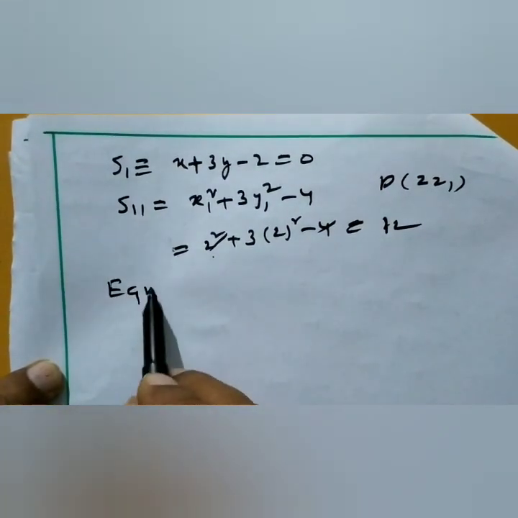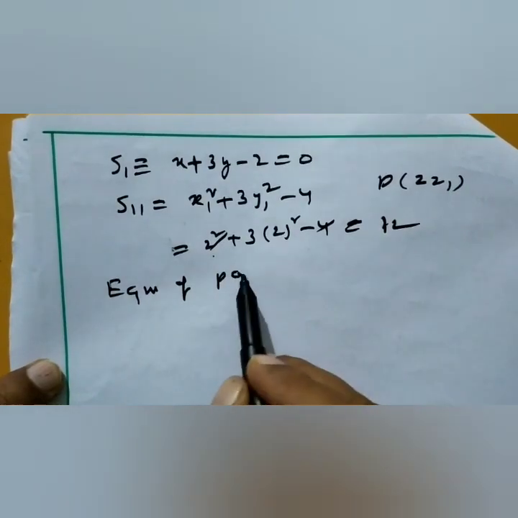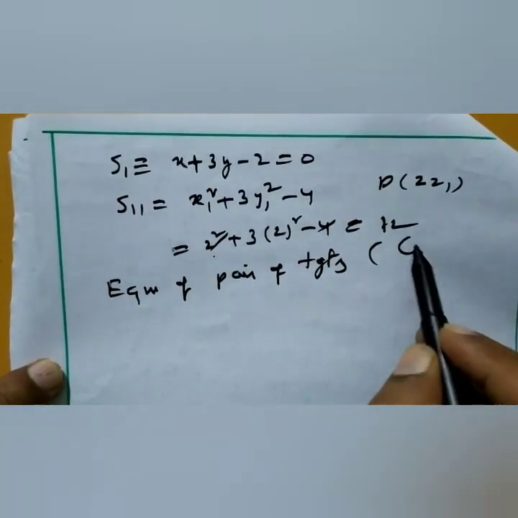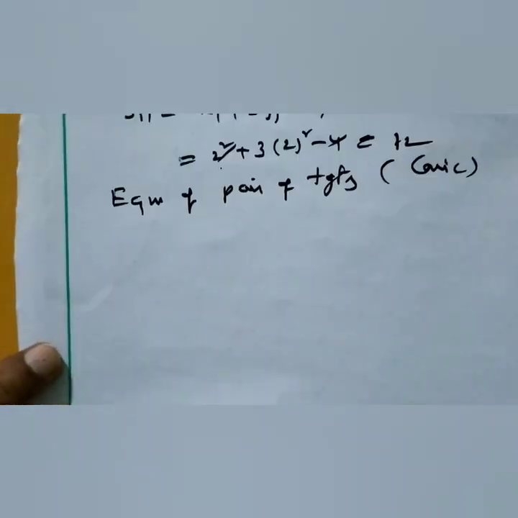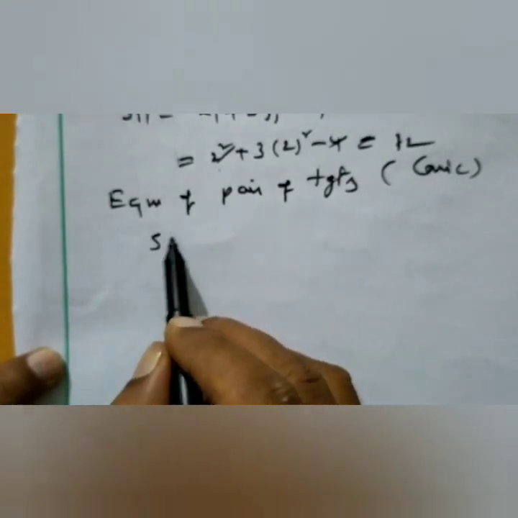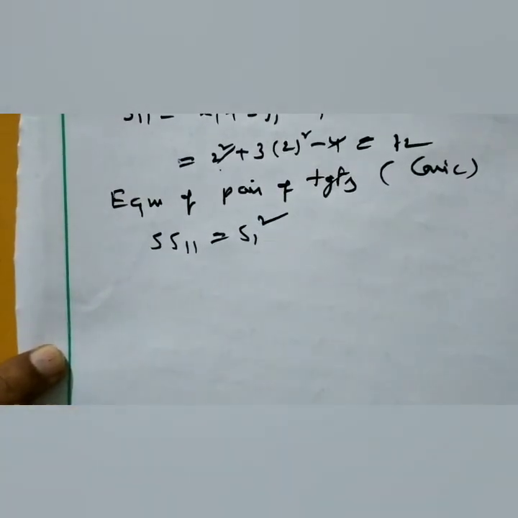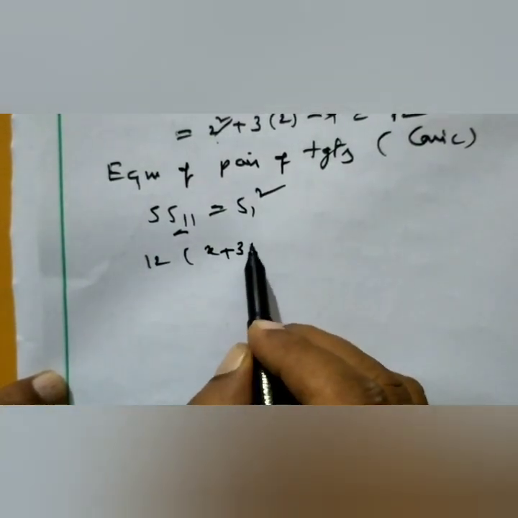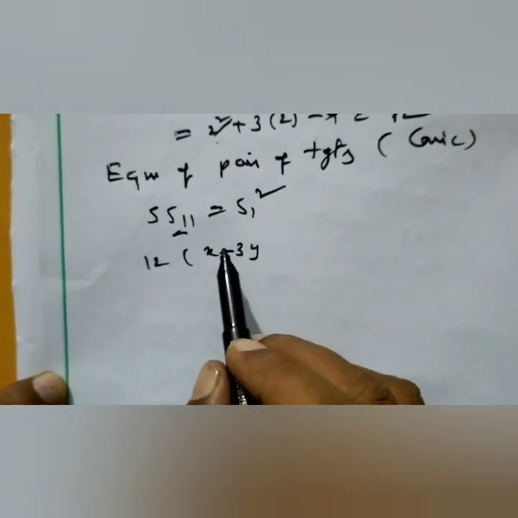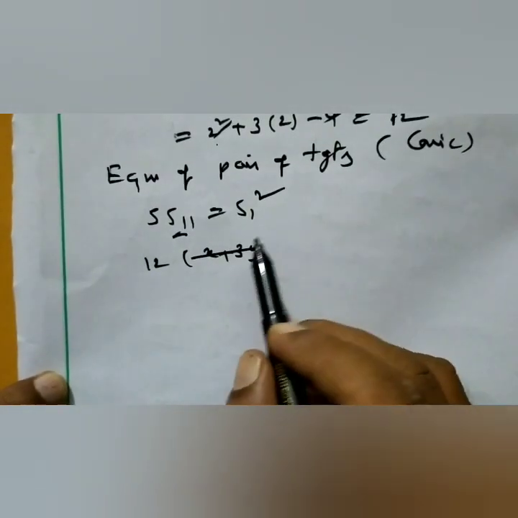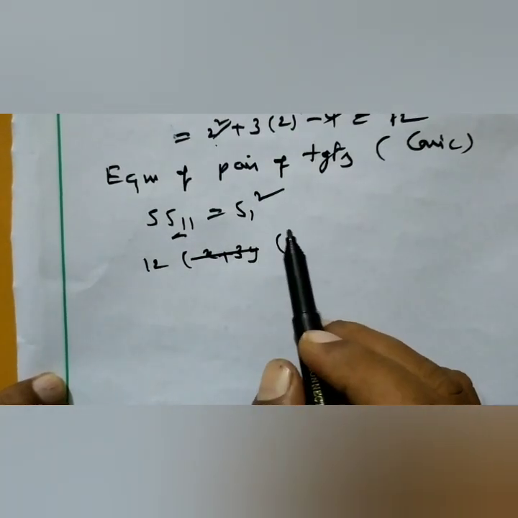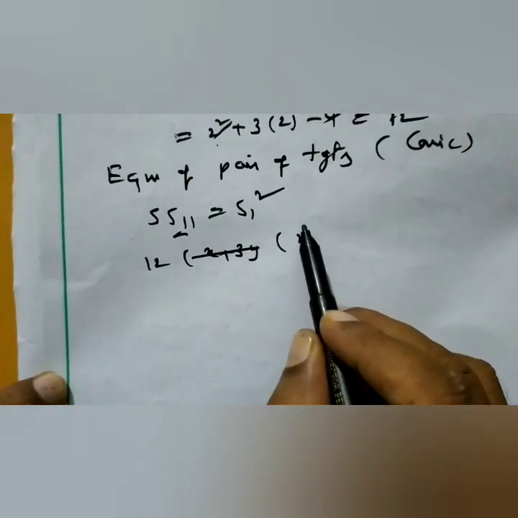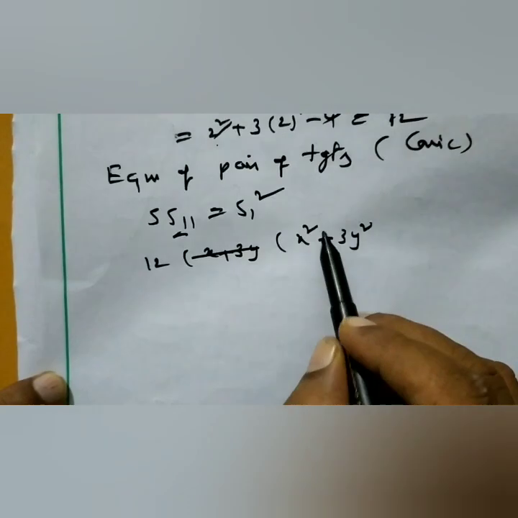Therefore, the equation of the pair of tangents, that is the required conic, is S into S11 is equal to S1 square. S11 is already 12. S means the given conic, S is equal to the given curve x square plus 3y square minus 4.